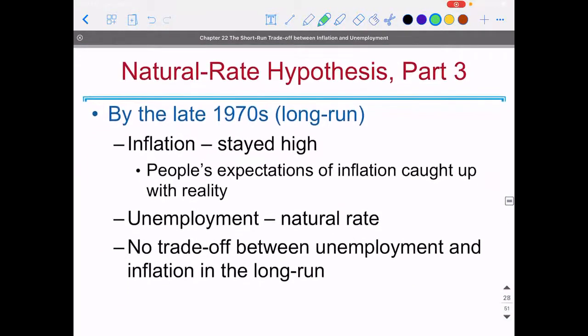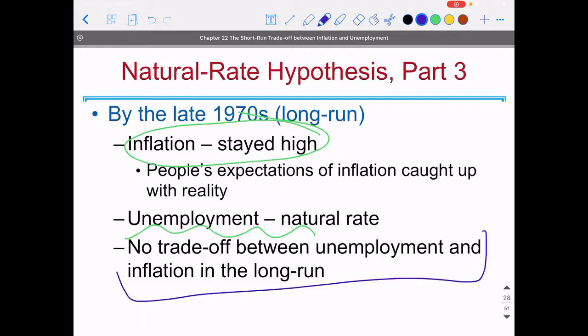The problem is what happens in the 1970s. The problem was that inflation stayed high, but the unemployment was still towards the natural rate, breaking apart the trade-off.